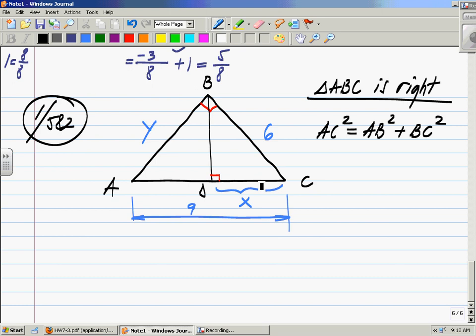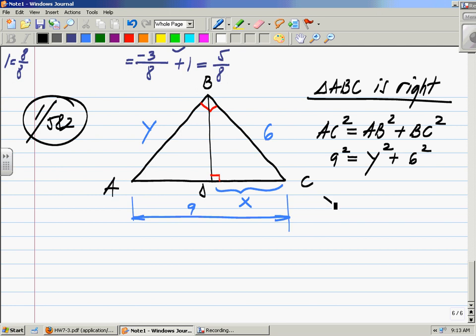Now I know AC, I know BC. Let's substitute those sides with their value, right? AC is 9 squared, which would equal AB, which is y squared, plus BC squared, which is 6 squared. To find y, you will subtract 6 squared from both sides.